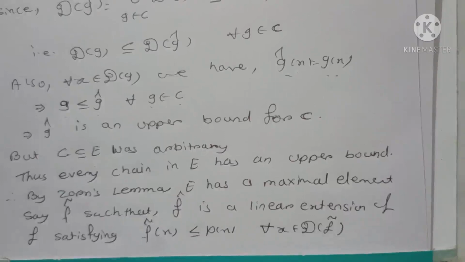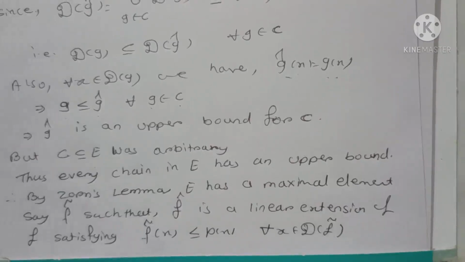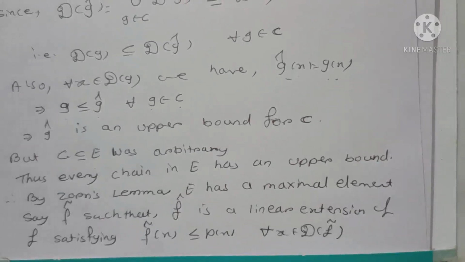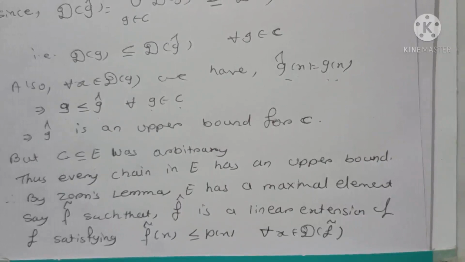In this way, we are getting the maximal element for the set E. Now, in the next step, we have to show that f tilde is defined on the entire space capital X. That is, we have to show, we prove it in the second part.